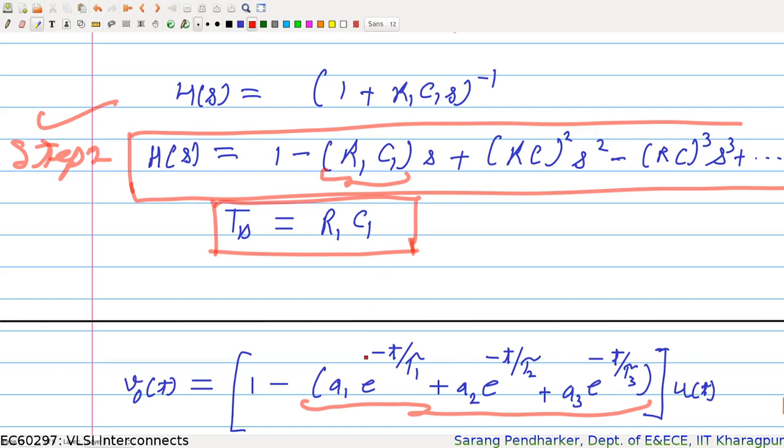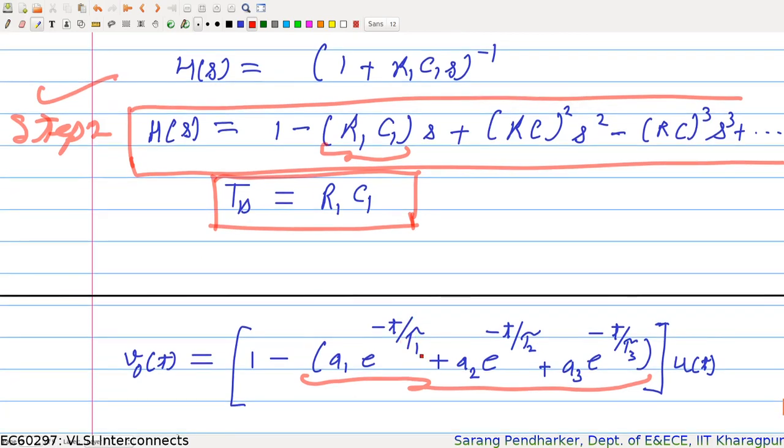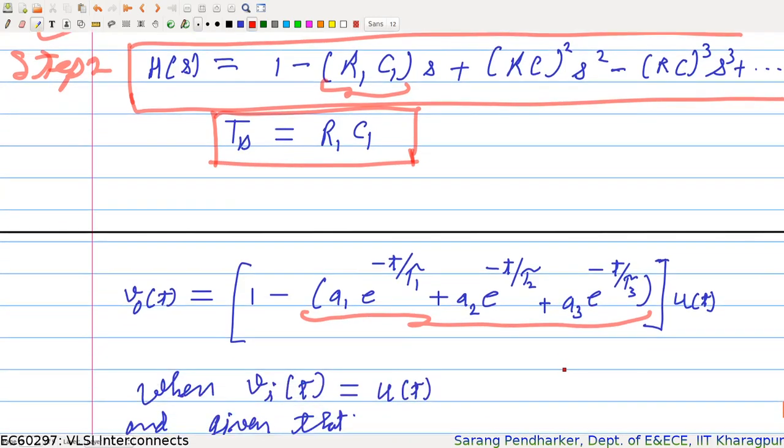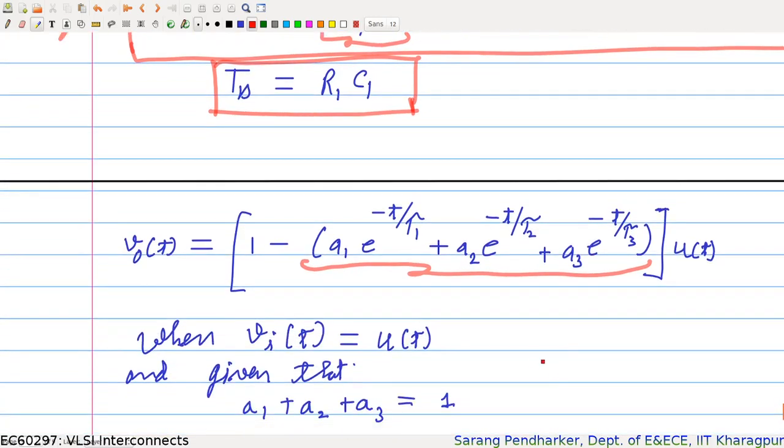In that case your summation was going up to infinity, and all of these three different terms have different time constants. Now if you have an output voltage like this with just three terms, can you estimate the Elmore delay? When I ask you to estimate Elmore delay, I am basically also giving you the information about input.